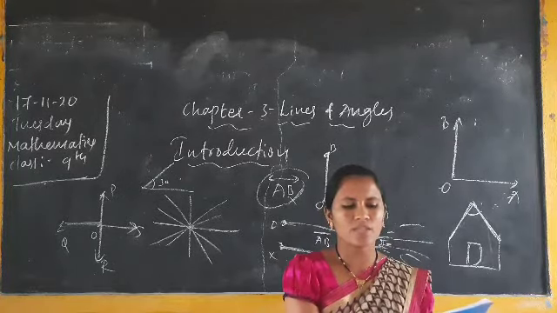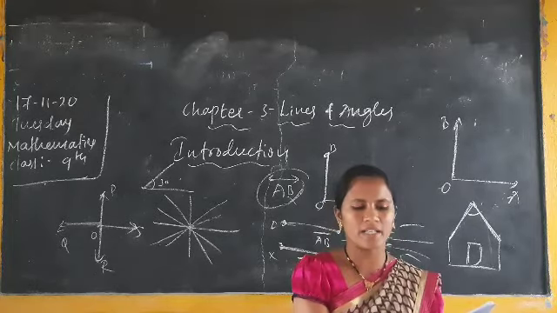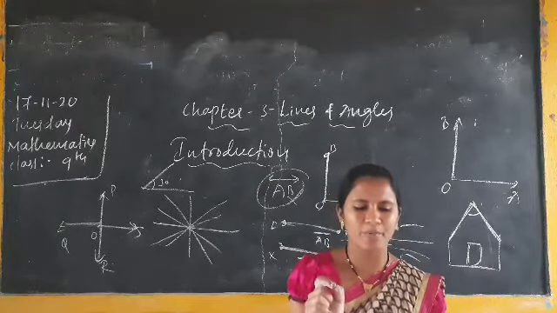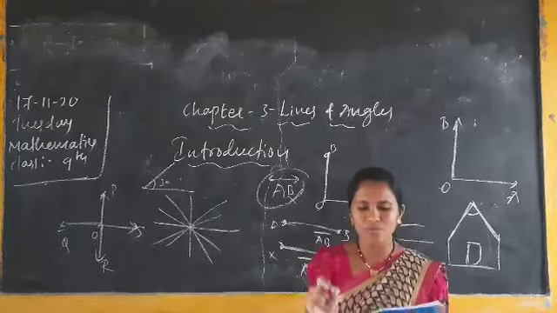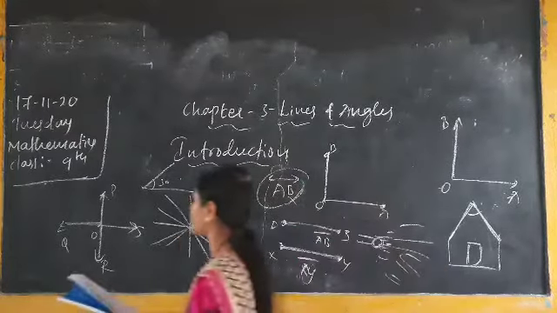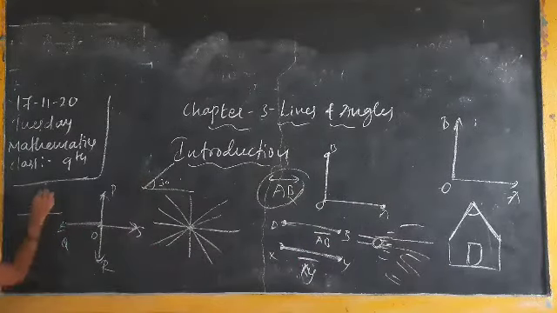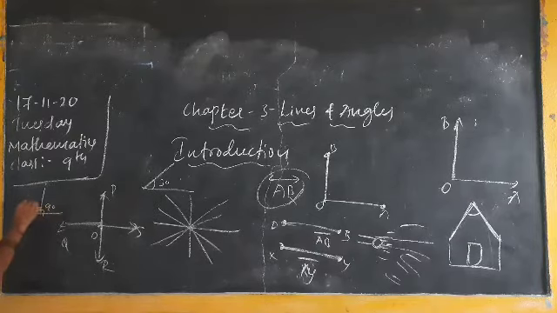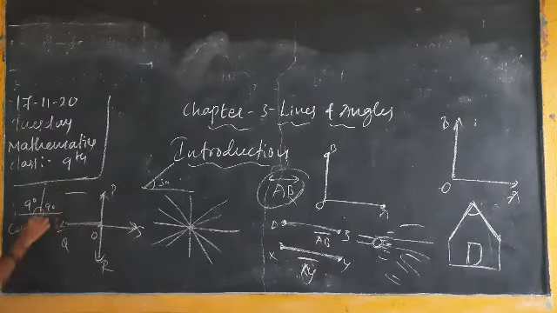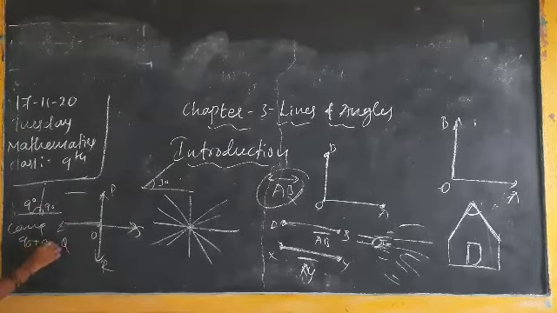Two angles whose sum is 90 degrees are called complementary angles. Here it is very important. If I am taking two angles whose sum is 90 degrees, for example 30 degrees and 60 degrees, you are getting 60 plus 30, which is 90 degrees.